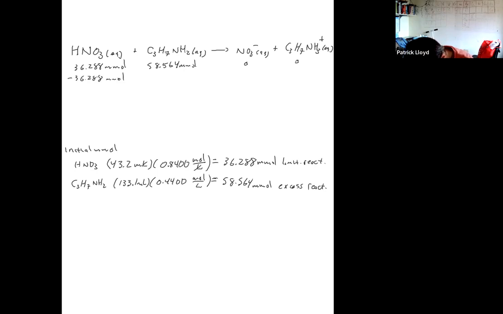The maximum amount of anything that can react is given by the limiting reactant. These are going to go up by 36.288. Once the reaction is done, at the ending, this is 0. It's all gone. So the HNO3 has been used up completely. It no longer affects the acidity.